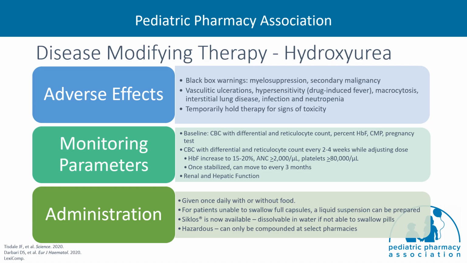And ideally, we want to see fetal hemoglobin increase to about 15 to 20%, ANC greater than 2,000, and platelets greater than 80,000. Once a patient's dose and CBC have been stable, you can move that CBC with diff to every 3 months. And then renal and hepatic function should be monitored intermittently to make sure we're not missing any sort of toxicity.